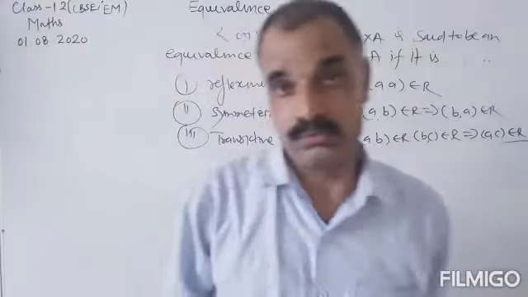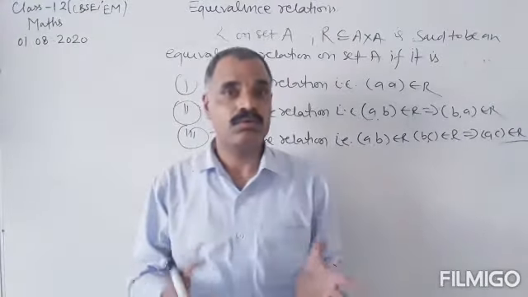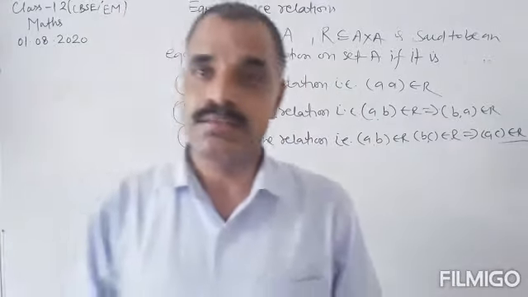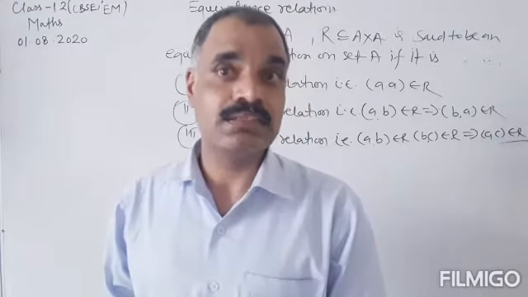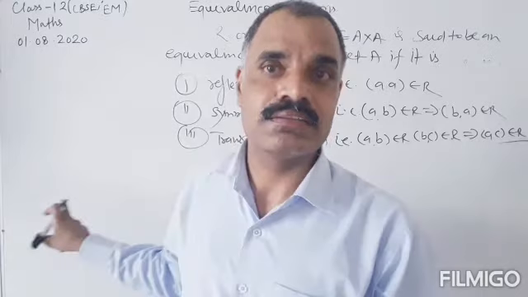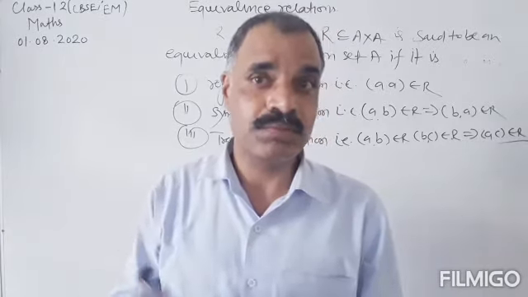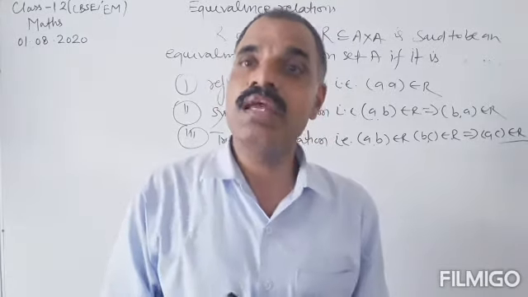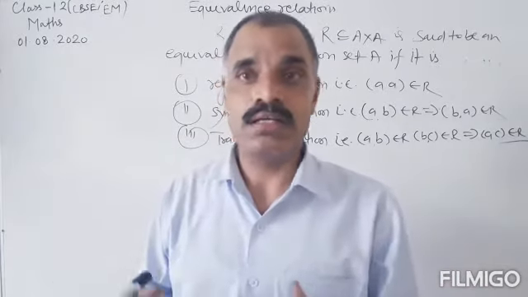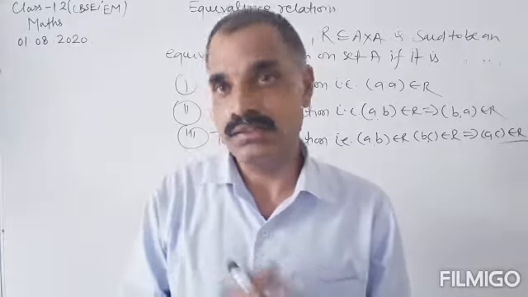Now this is all about the equivalence relation. When a question appears in exams asking to prove that the given relation is an equivalence relation, we have to first prove these three properties, reflexive, symmetric, and transitive, and then ultimately conclude that the given relation is an equivalence relation.